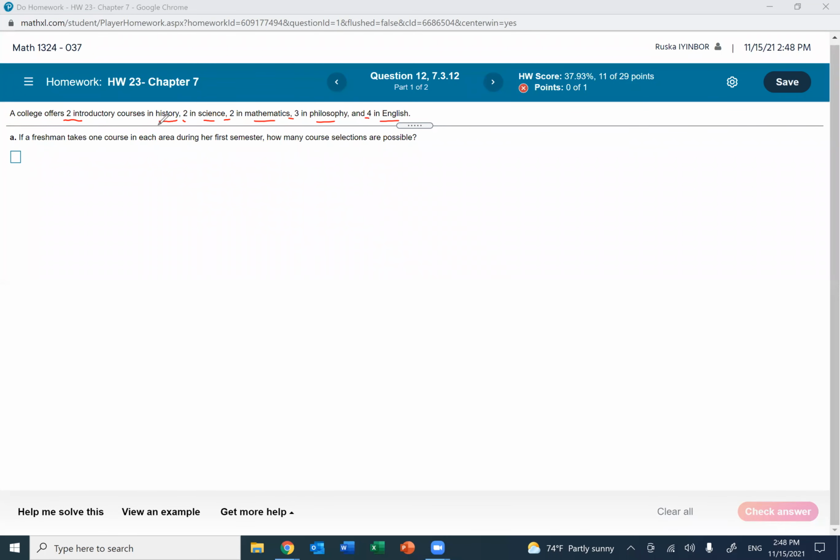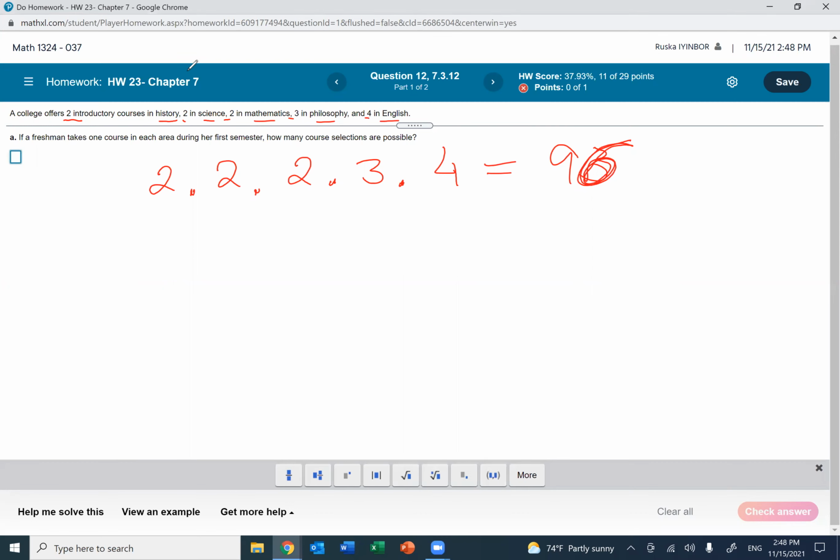How many in history? 2. Multiply by how many in science? 2. How many in math? 2. Times how many in philosophy? 3. Times how many in English? 4. So when I multiply these numbers, I'm going to get how many course selections are possible. So multiplying 8 times 12 is 96. So when you multiply those numbers, you're going to see the possible selections.